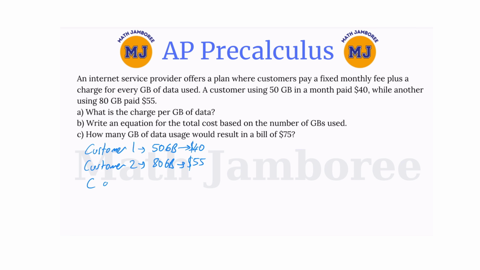Let's set up C as the total cost, and let's call F the fixed price the company is charging, and M the charge per gigabyte usage, per gig of data.